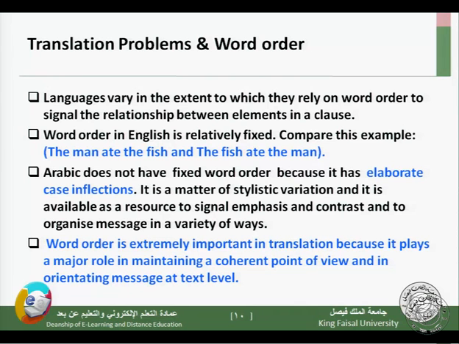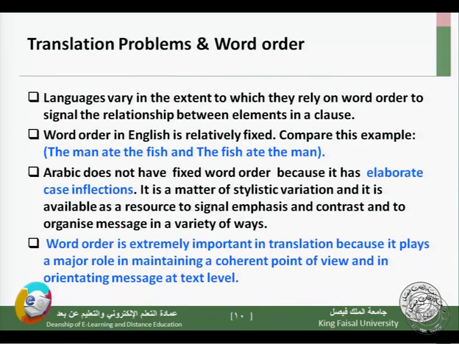Arabic is a different system. It is not as fixed. The word order in Arabic is not as fixed as the word order in English. So word order is extremely important in translation, because it plays a major role in maintaining coherence in the text.